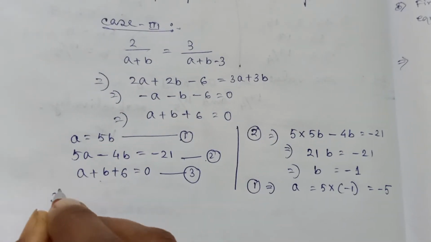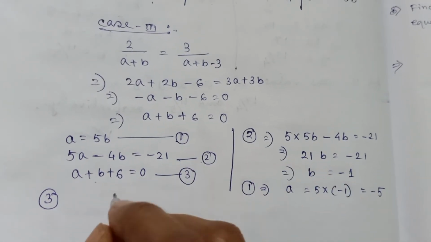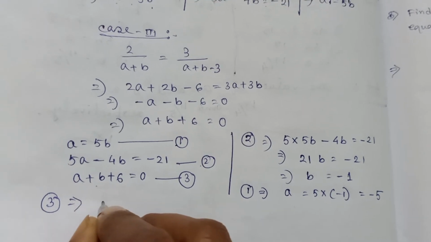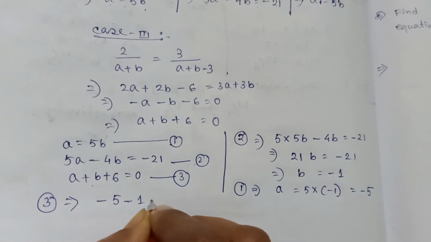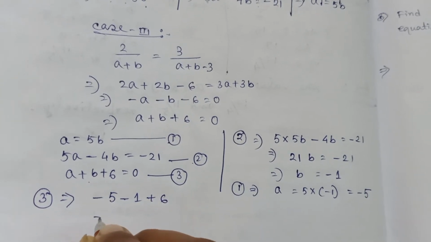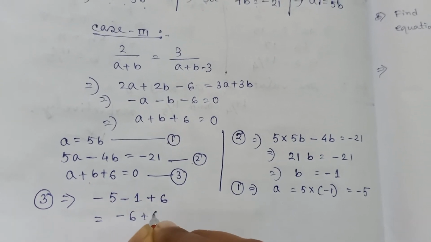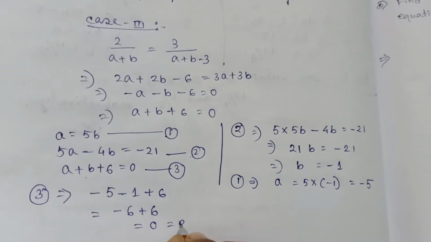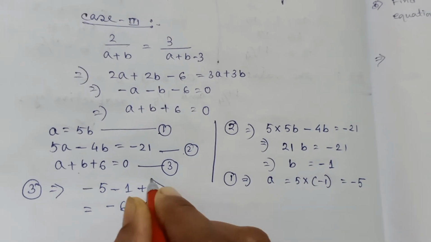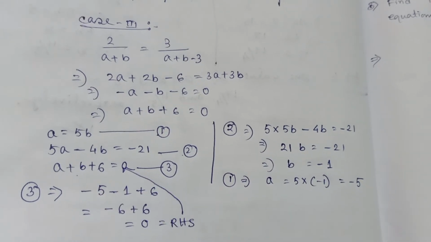So from 3 we will put the value of a and b. From 3 we are putting the value of a and b, that is minus 5, minus 1 plus 6 equals to minus 6 plus 6 equals to 0 equals to right hand side. Look, this 0 right hand side.